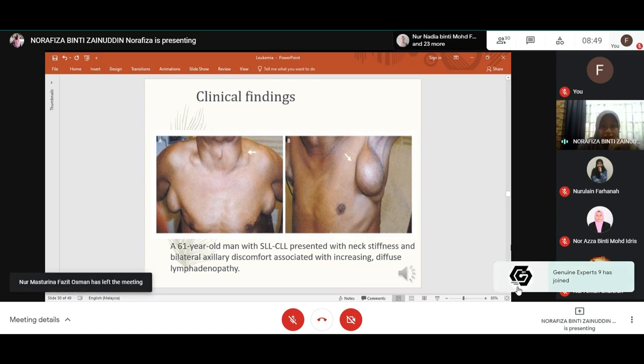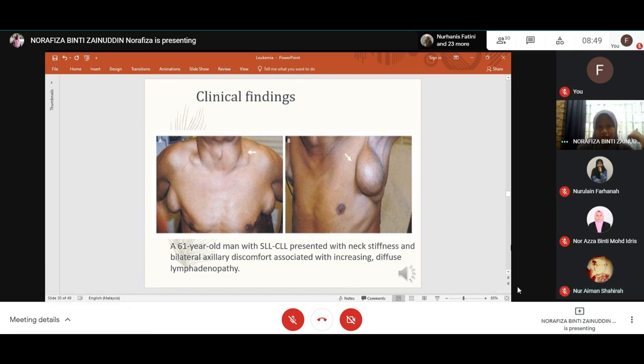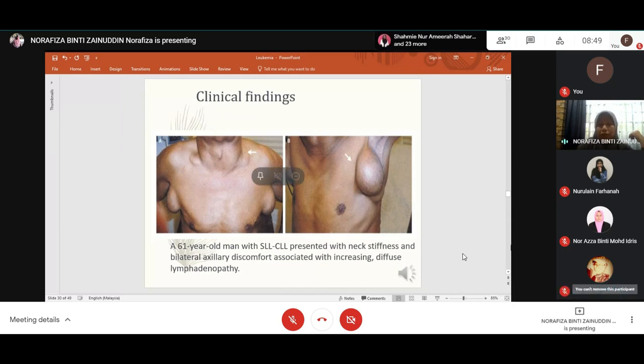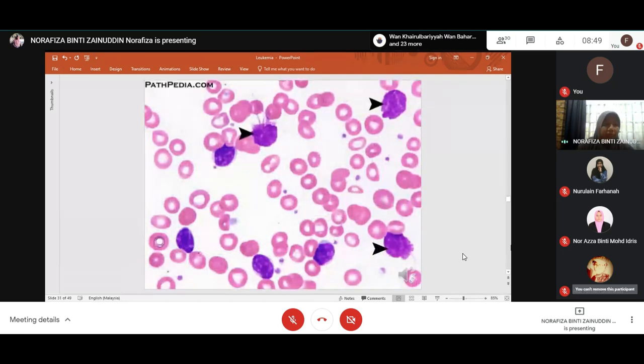This is a clinical presentation. Usually CLL affects the elderly. A 61-year-old man here presented with neck stiffness and bilateral axillary discomfort associated with increasing diffuse lymphadenopathy. As I mentioned previously, this is actually enlargement of the lymph nodes.